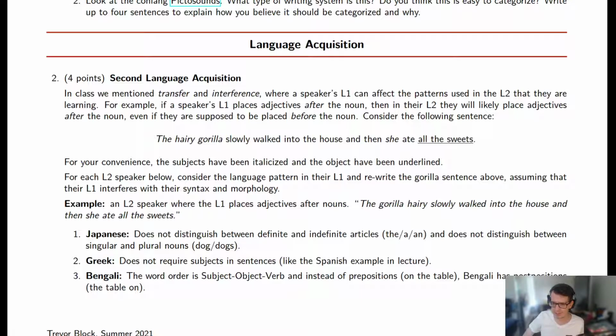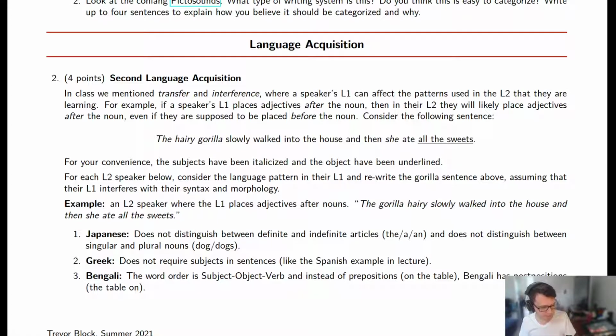And what we're doing with this sentence is we're taking a look at how second language learners of English take features from their first language and how those features interfere with the syntactic patterns or morphological patterns of English. So for example, if you have a second language speaker who in their first language places adjectives after nouns, that pattern might interfere. So instead of saying the hairy gorilla, they might say the gorilla hairy, because the fact that adjectives appear after nouns in their first language interferes with English patterns.